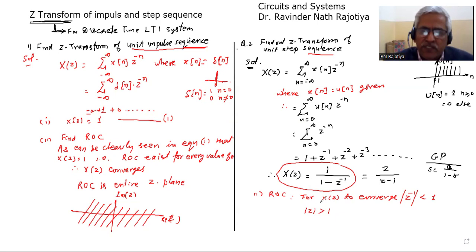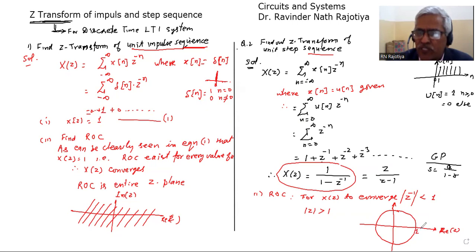That means if you draw the z plane with a unit circle, for z greater than 1, if this is the real part of z and this is the imaginary part of z, here it is representing 1.